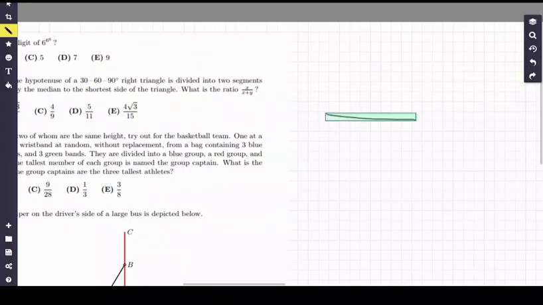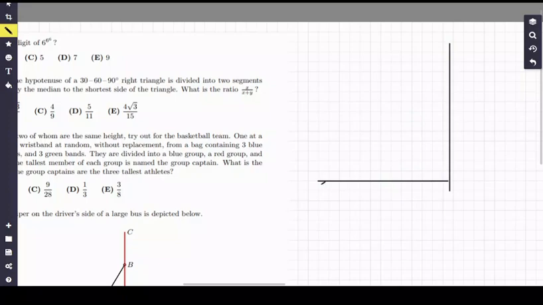Whenever you have a triangle problem, the first thing I would recommend you to do is always draw out your little triangle. Note that it's a special triangle.